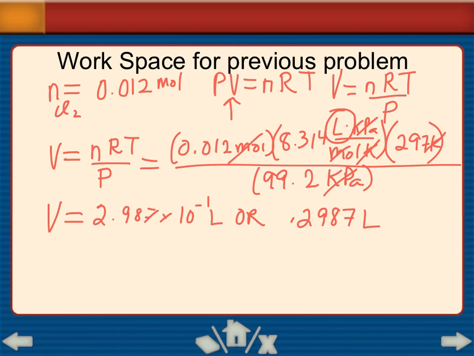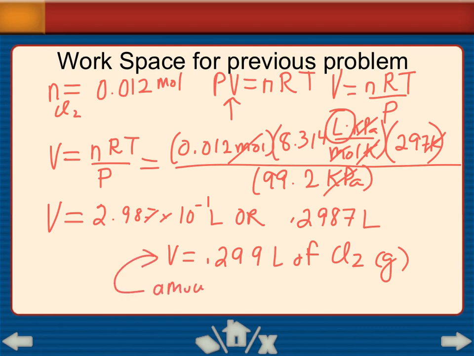And again, we probably should be carrying through, I would say, 3 significant digits. So V equals 0.299 liters of Cl2 gas.